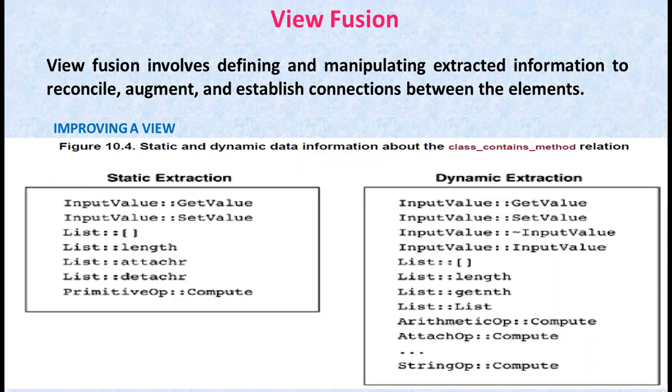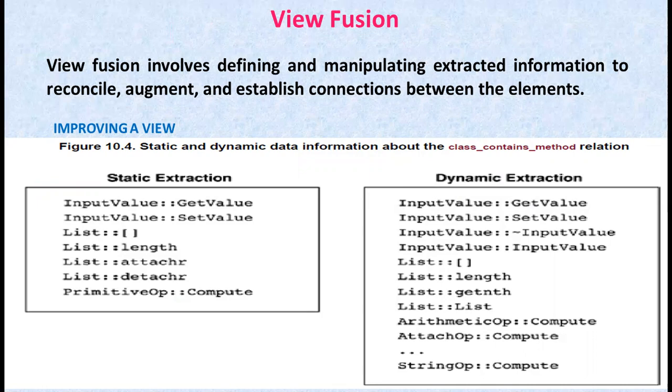Here, the dynamic extraction result shows no such classes, but they do show classes such as arithmetic OP, attach OP, and string OP, each of which has a compute method and is in fact a subclass of primitive OP.